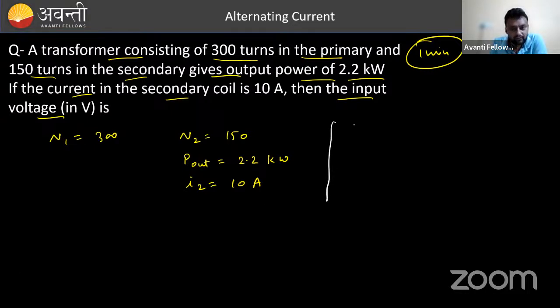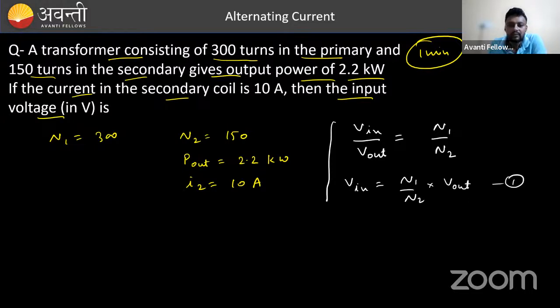That golden relation is V input over V output is equal to N1 over N2. I hope you remember this golden relation. Clear? So for the calculation of V input, you will do N1 over N2 into V out.